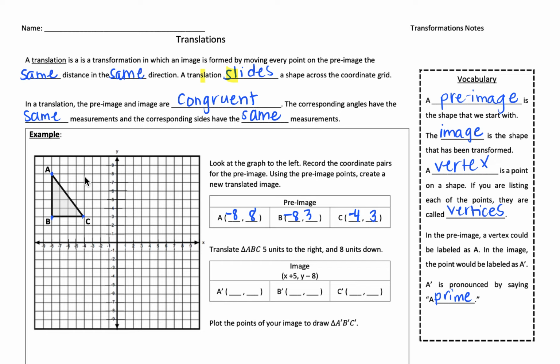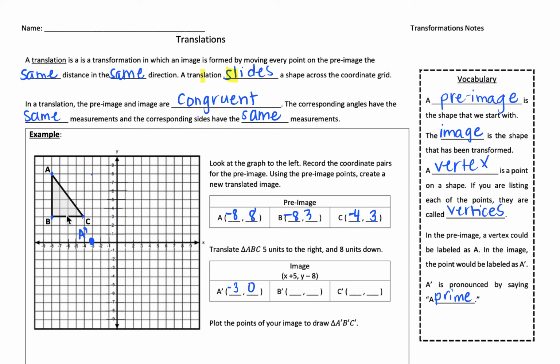So right now I've gone 5 blocks in that direction. So I'm right here. And then I'm going to move down 8 blocks. 1, 2, 3, 4, 5, 6, 7, 8. That's going to mean point A prime, now that it's been translated, is going to be right here at (-3, 0).